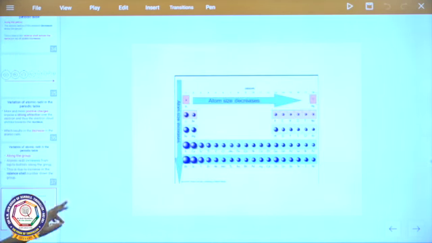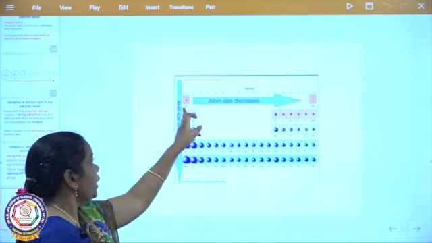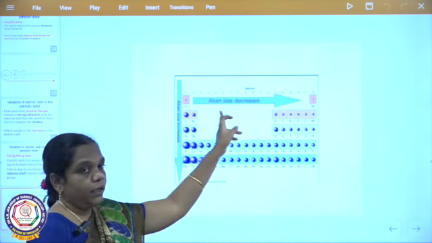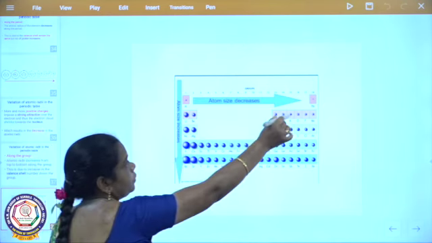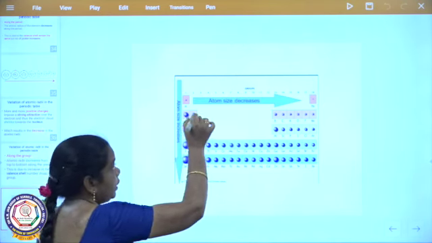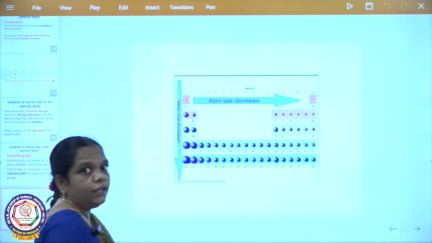Now, you can see a pictorial representation of the size of an atom. The size of an atom decreases along the period. Lithium is larger than beryllium, and neon is very small in size.